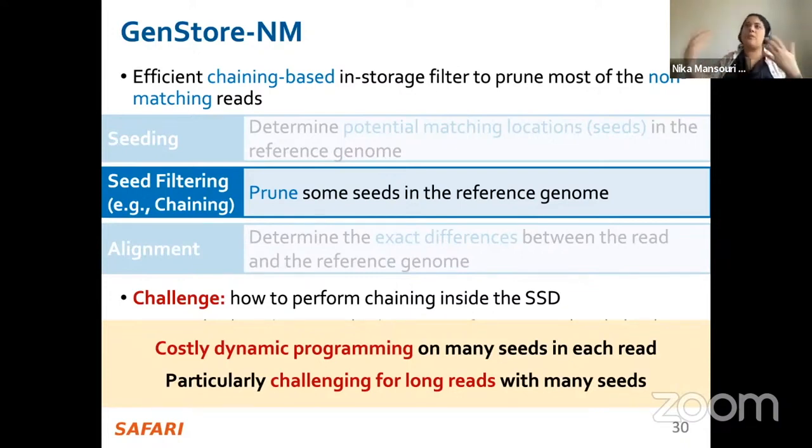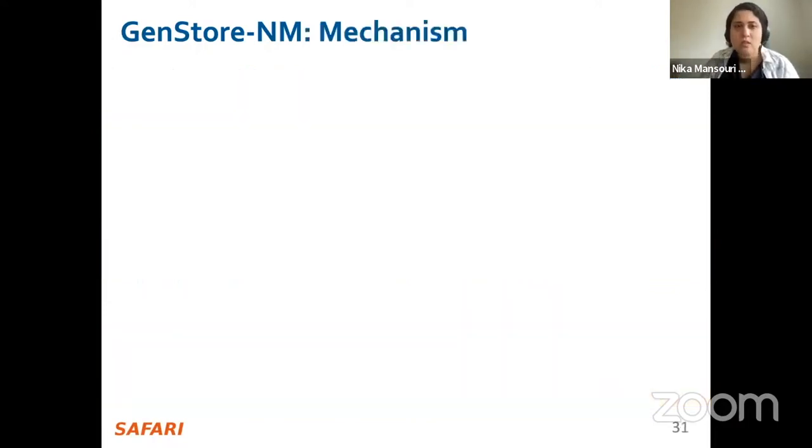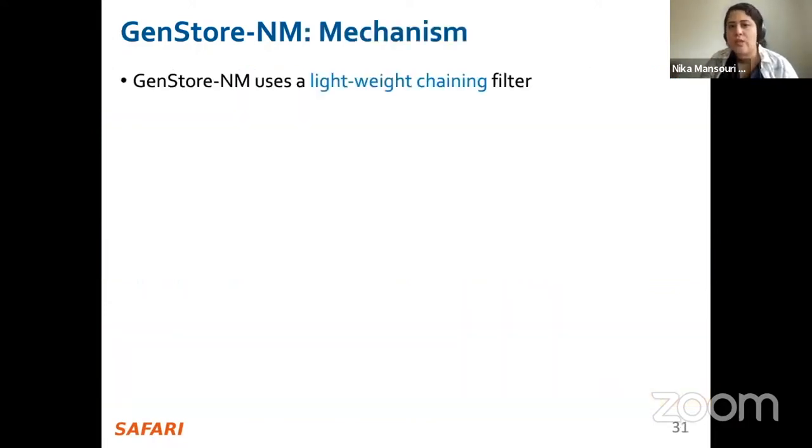So then we need to perform these dynamic programming operations inside the SSD, and to perform them in a performant way, we would need a lot of buffer space and a lot of parallelism inside the SSD so that we can filter at high throughput, which would incur high cost. So what can we do to reduce the cost of chaining?